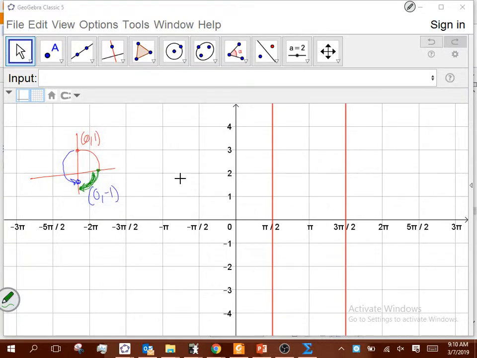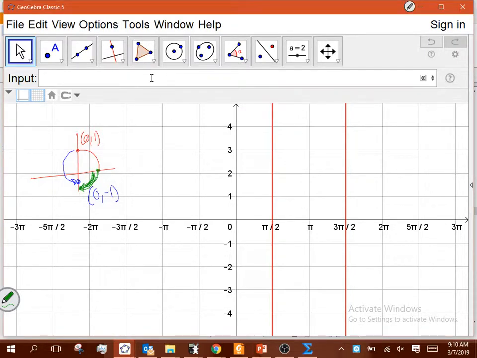So that is a way to determine where that other asymptote needs to go at negative pi over 2. Or if you were to just go around the unit circle counterclockwise and you find that this is the distance between two asymptotes, then can't I start at pi over 2 and apply the same distance this direction and get my asymptote there? Okay, so I'm going to have another asymptote at x equals negative pi over 2.